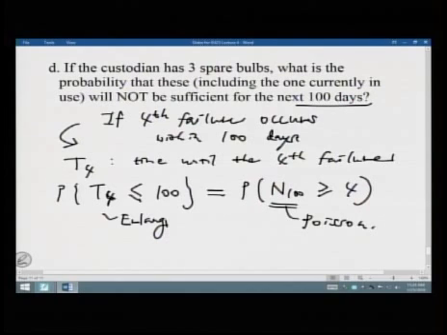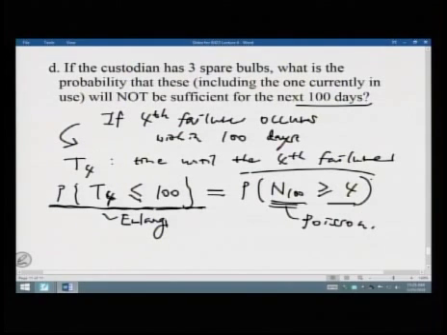Okay? So simply this probability says that the number of failures occurred within 100 days is at least 4 failures. So this is the original desired probability, but we can always use the Poisson distribution to get the same probability values. Okay?